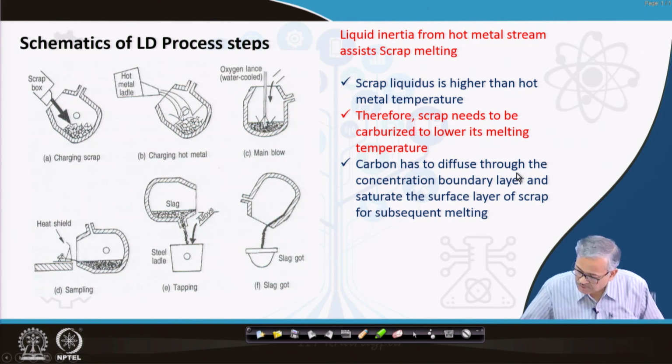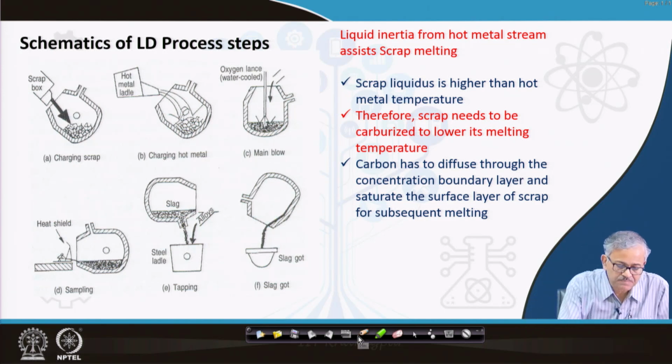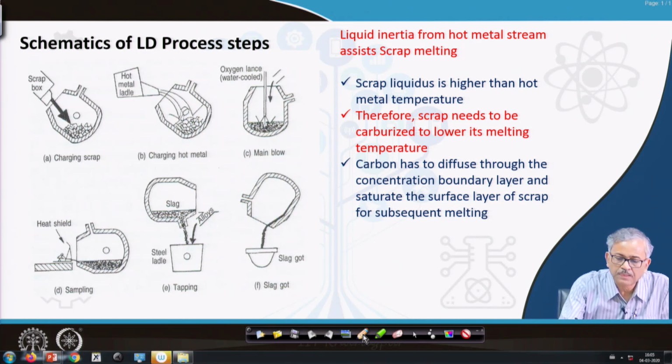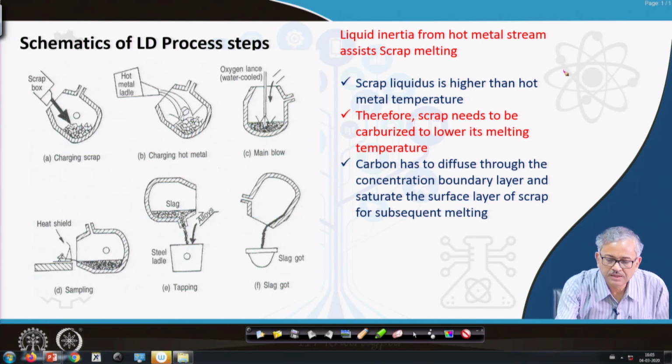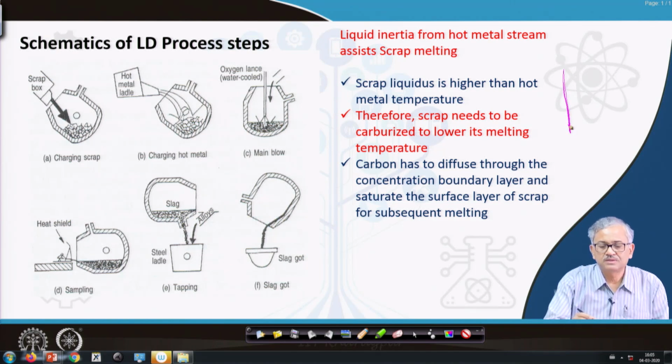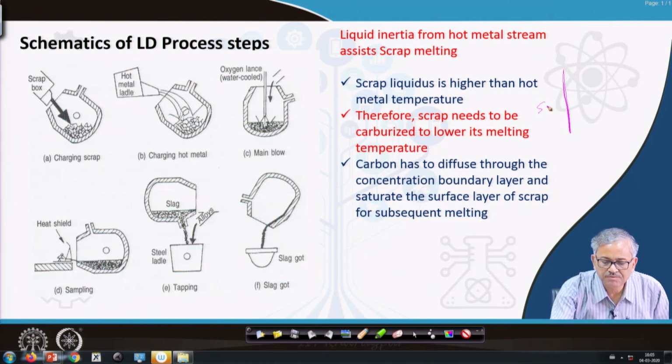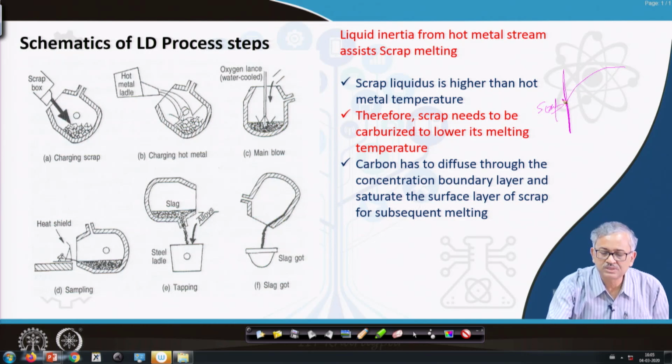Obviously, the carbon has to diffuse through a boundary layer. If you have a scrap-metal interface like this, suppose this is the scrap, and then there will be a concentration boundary layer. This is the concentration boundary layer.